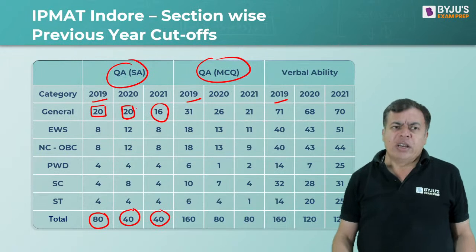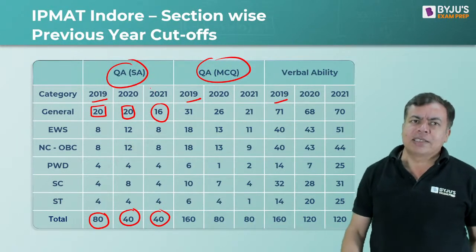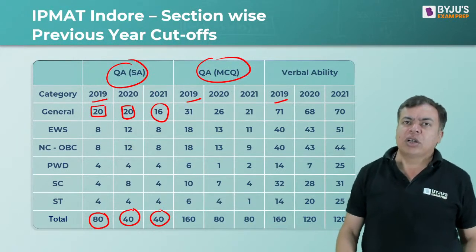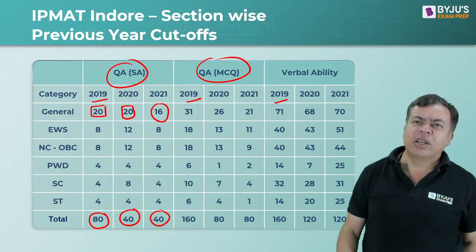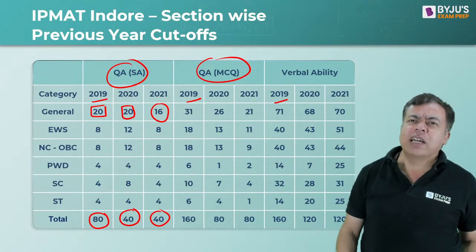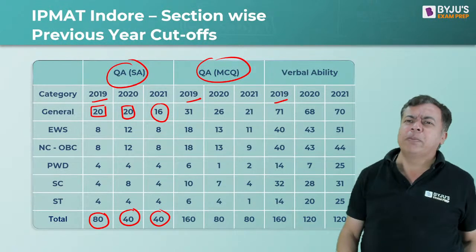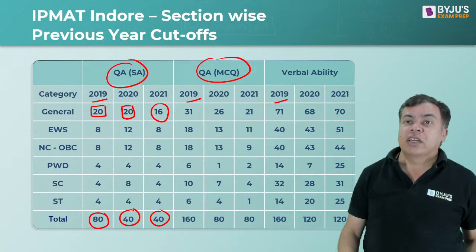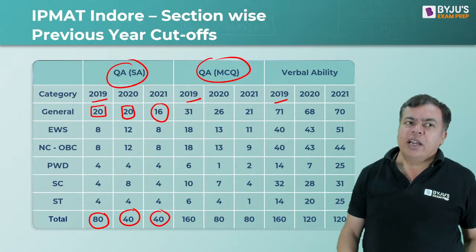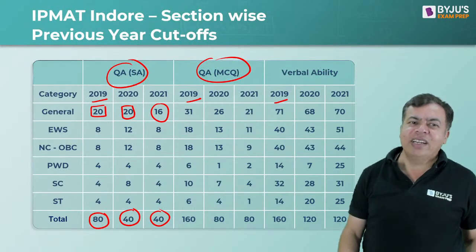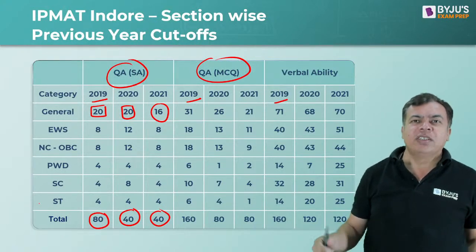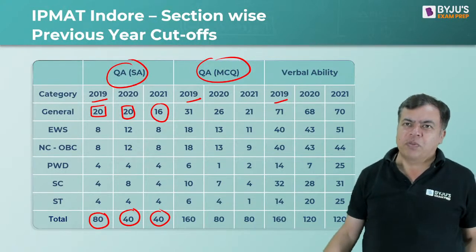So if the number of questions will be less, let's say in this case 2022, I am expecting it to be, on a safer side, that 30-40% at least you should get to clear the cutoff. 50% is always on a higher side. If out of 80 you are getting 40, that will be a very safe score.